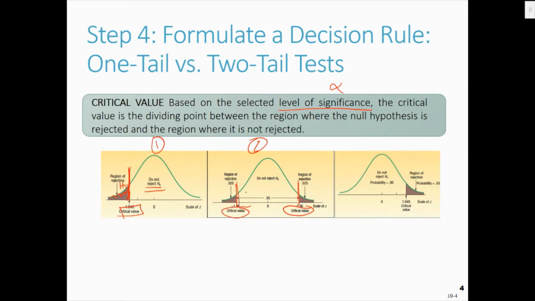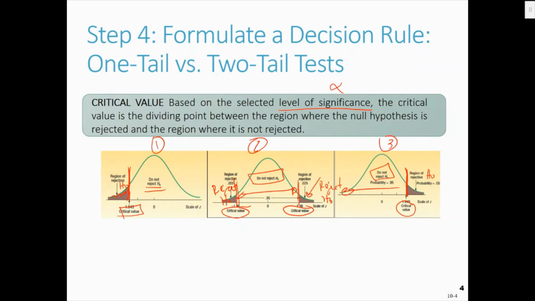And this critical value separates the do not reject H0 from the reject H0 areas. And we have 2 reject areas because we have 2 tails. And in the third case here, as you can see, we have a line here. This is a critical value that separates the do not reject zone from the reject H0 zone.